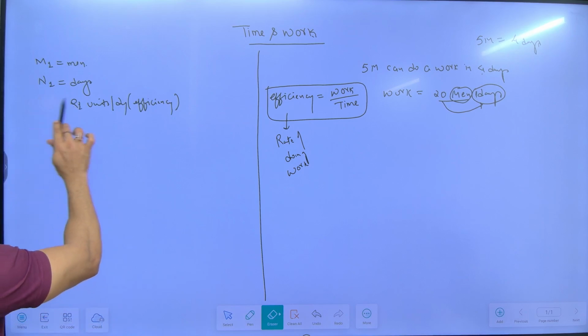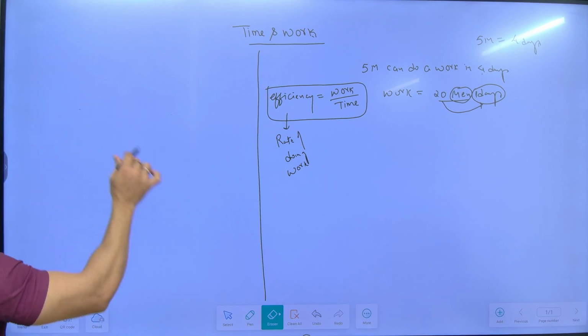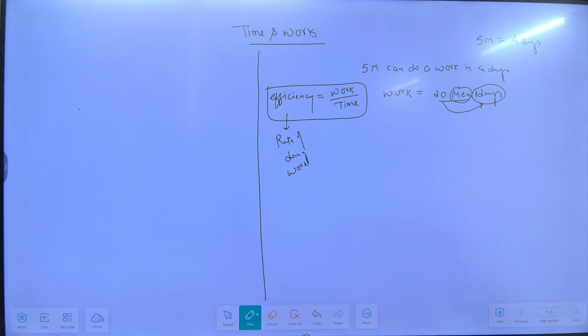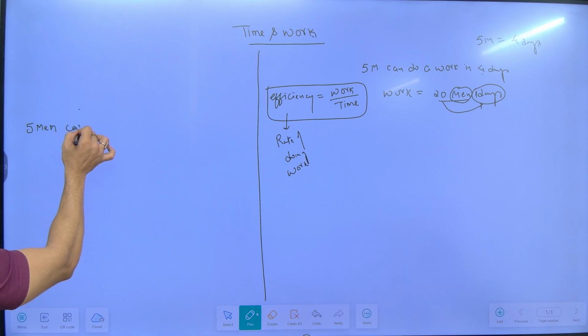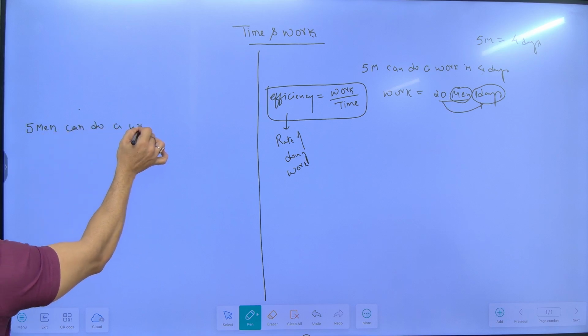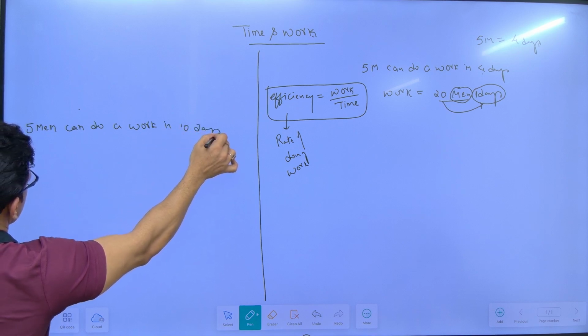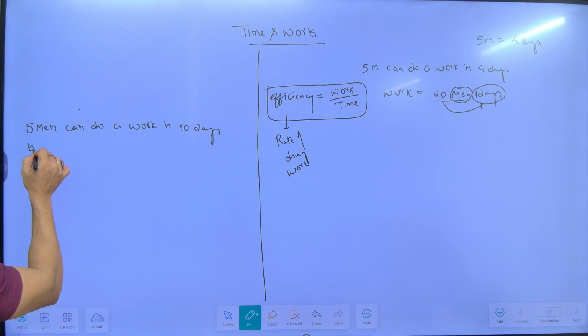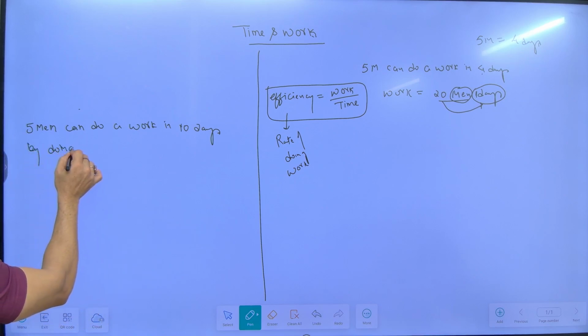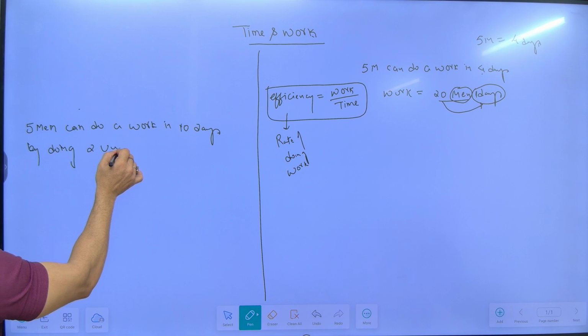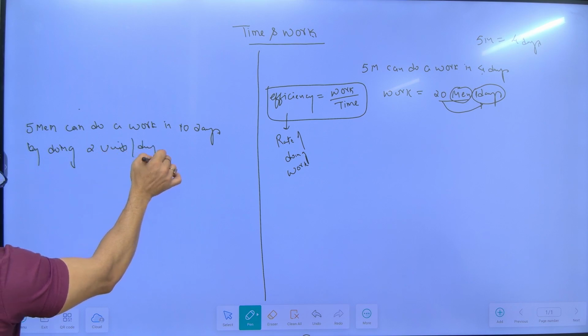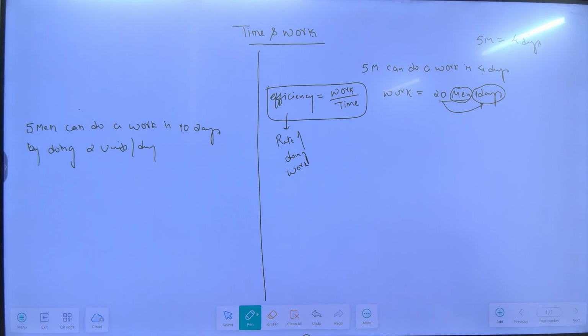Example, the question is, say 5 men can do a work in 10 days by doing 2 units per day. Here, either you involve efficiency or not. In this case, I'm involving efficiency.